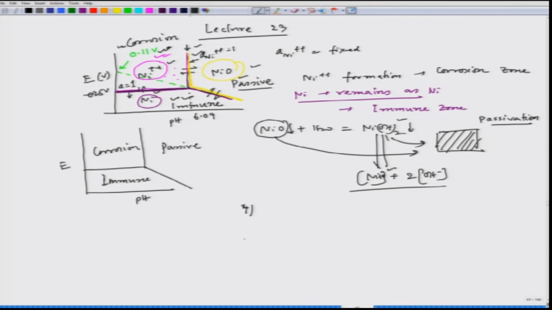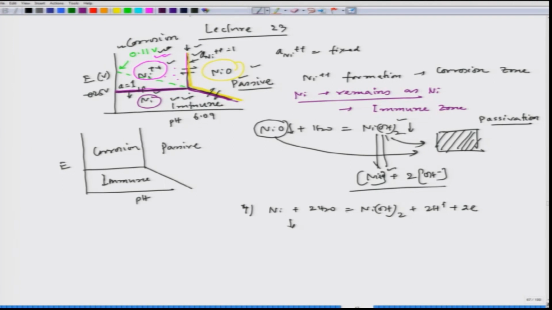That time we will not consider NiO formation. Ni plus 2H2O equal to Ni(OH)2 plus 2H plus 2e, one reaction. And if we do the calculation, we would see that it would generate the same line, if we fix the concentration of nickel ion.